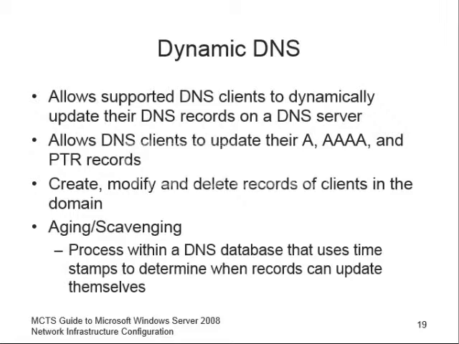These DHCP clients must use the DHCP service provided with Windows 2000, Windows Server 2003, and Windows Server 2008 to register and update both their A and PTR records on behalf of these down-level clients.